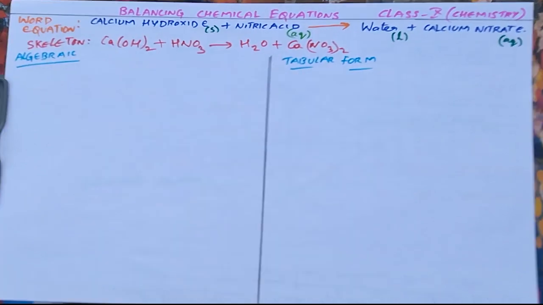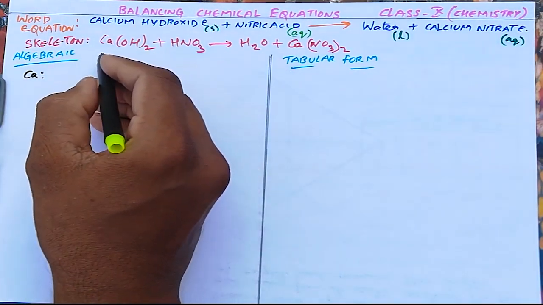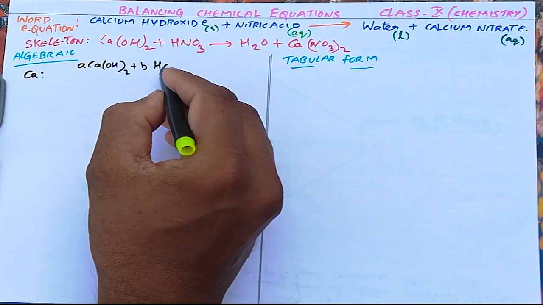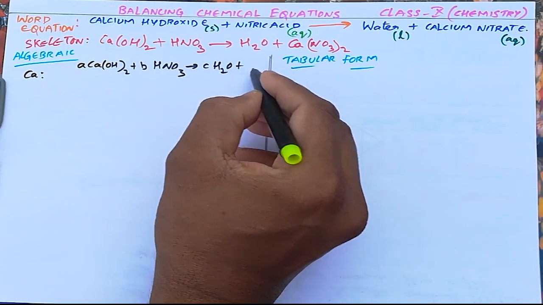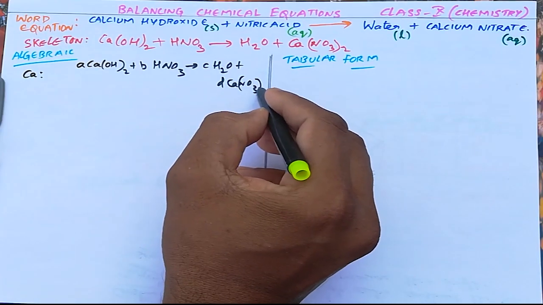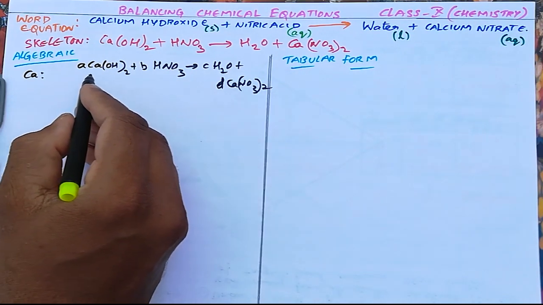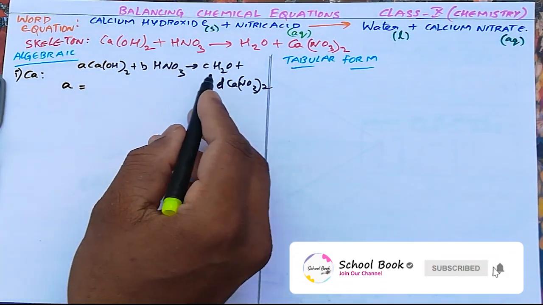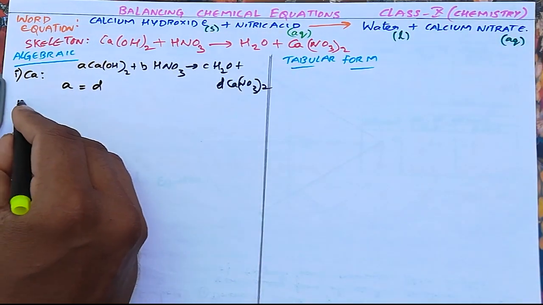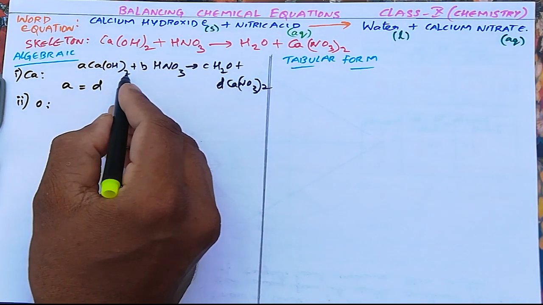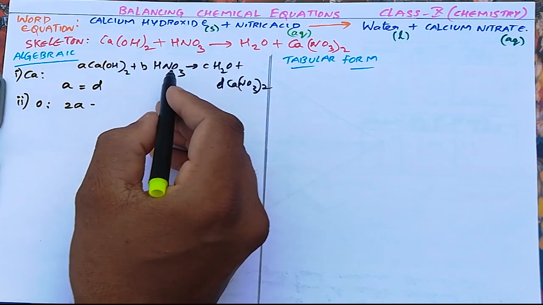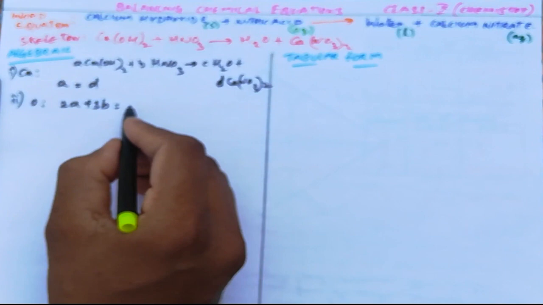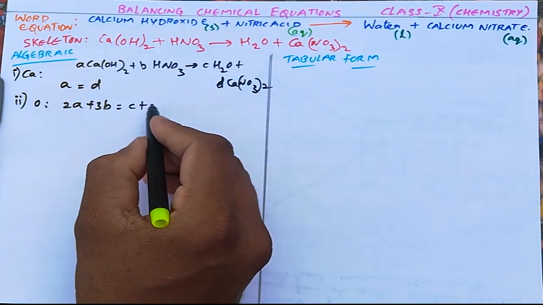In the algebraic method, we write this as the equation A Ca(OH)2 plus B HNO3 gives rise to C H2O plus D Ca(NO3)2. So the coefficients of calcium, Ca, in the LHS is A equal to D in the RHS. Second, with oxygen, we have 2A plus 3B equal to C plus 2 into 3, that is 6D.